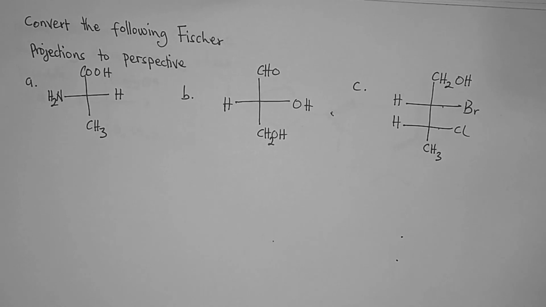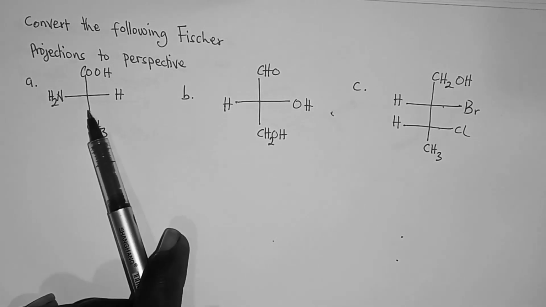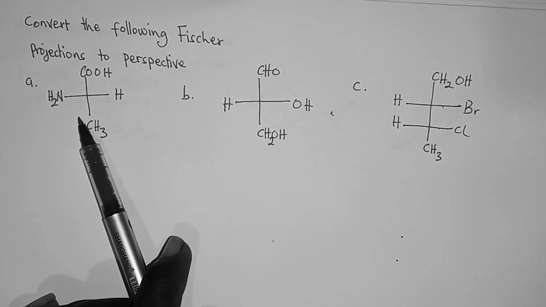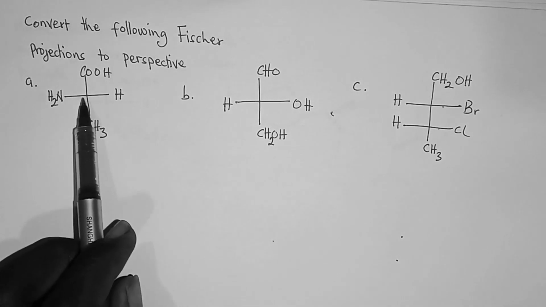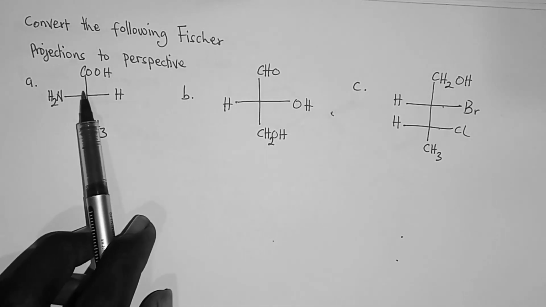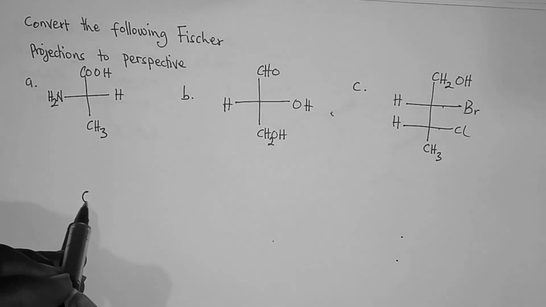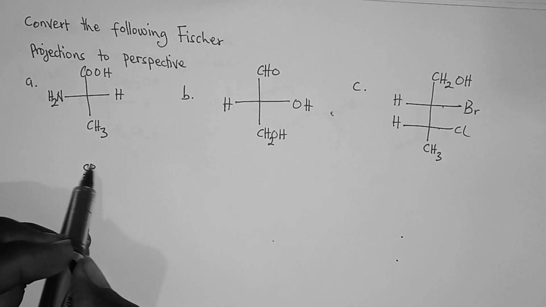Let's also talk about how we convert a molecule from a Fischer projection to a perspective drawing. Now let's consider this molecule. Let's convert this molecule from the Fischer to the perspective. We've already established that the groups that are on the vertical line are the groups pointing away from us. So this is the carbon. And then this is the group pointing away.